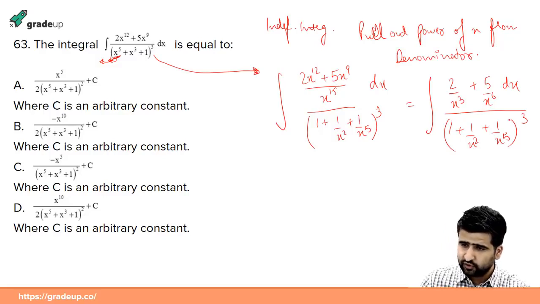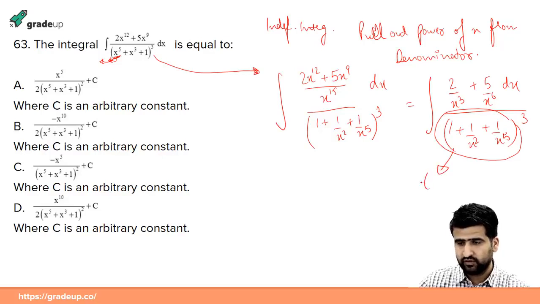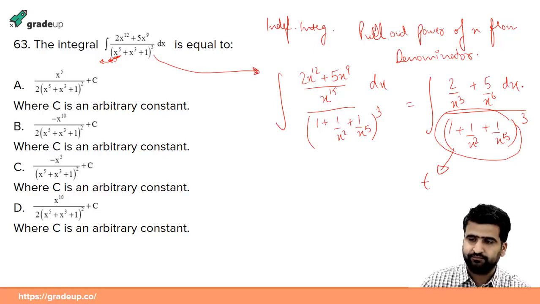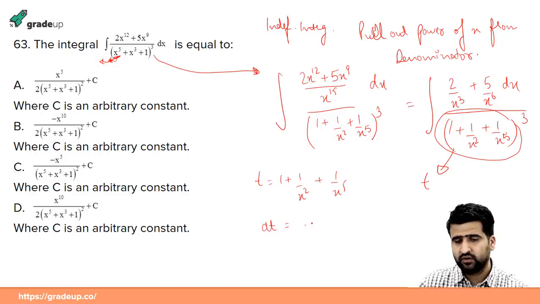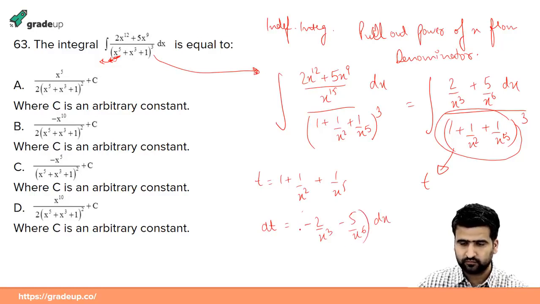If you substitute this term in the bracket as t, this will become minus dt. See this very carefully. If t = 1 + 1/x^2 + 1/x^5, and I differentiate this, dt becomes (-2/x^3 - 5/x^6) dx.